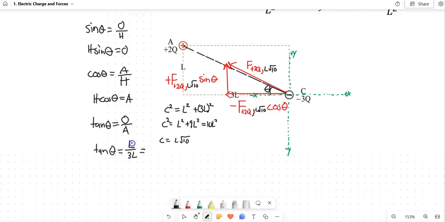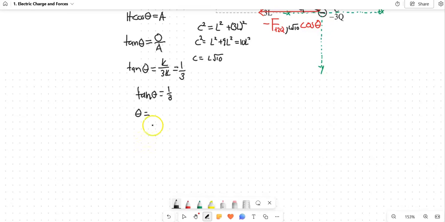Since those L's cancel out, that's 1/3. Since we have tangent, and this is 1/3, we take the inverse tangent of both sides, so theta is the inverse tangent of 1/3, or the arc tangent. You could call it that too.